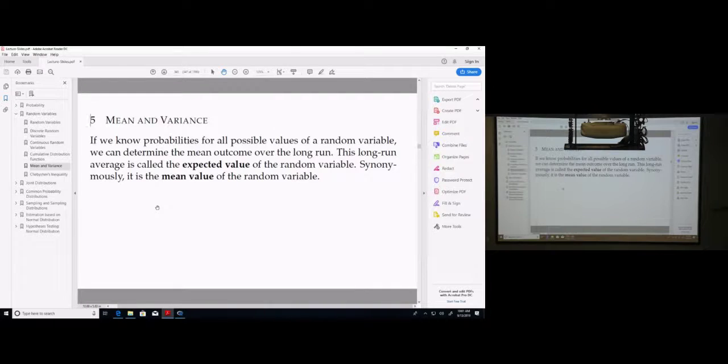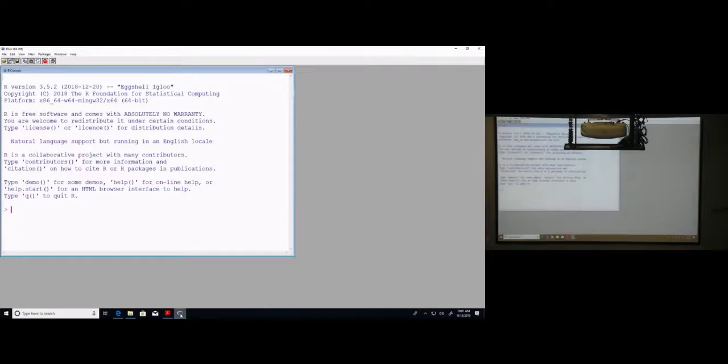Let me illustrate this with some simulation results. If you roll a die, you want to find out on the average, if you keep rolling the die many, many times, what would be the average number that you will get.